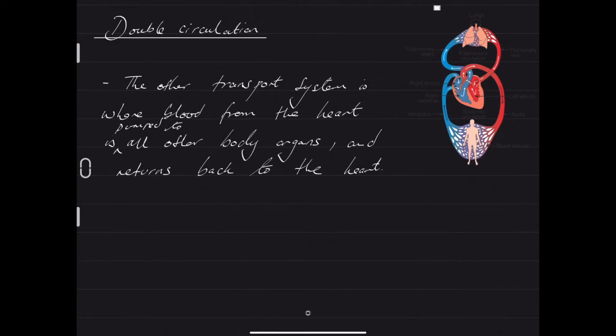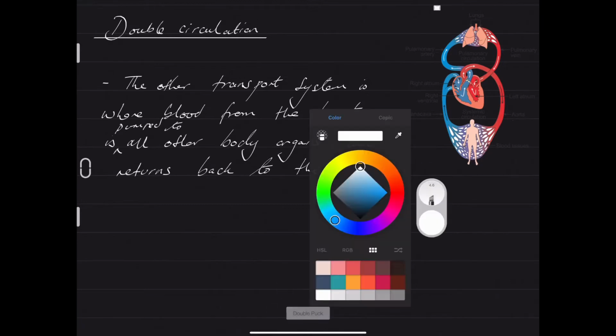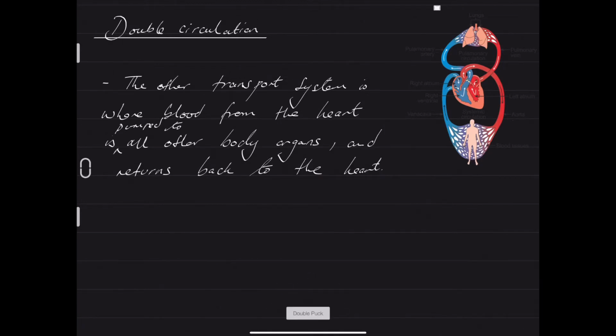Now, as it leaves the heart in this second part of the circulation, all of this is oxygenated blood, and it's going off to all of the various parts of the organs in the body and to the respiring cells, where it will give up the oxygen to those respiring cells, and then it becomes deoxygenated.